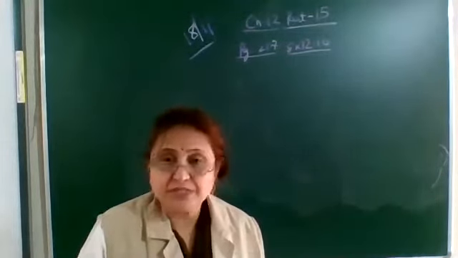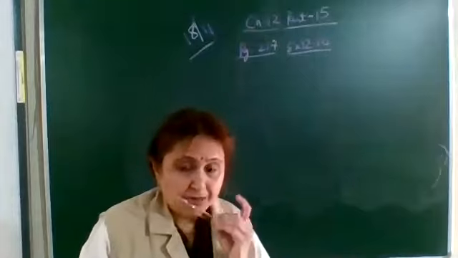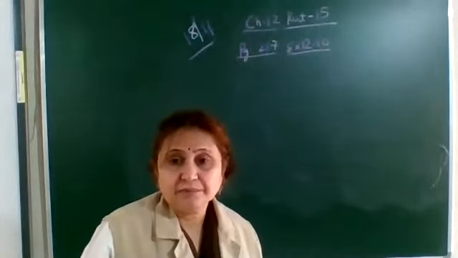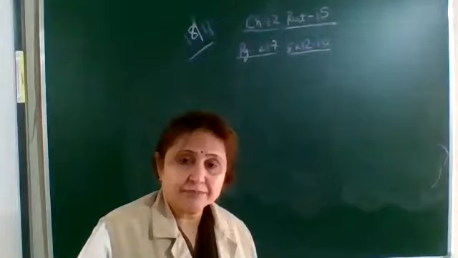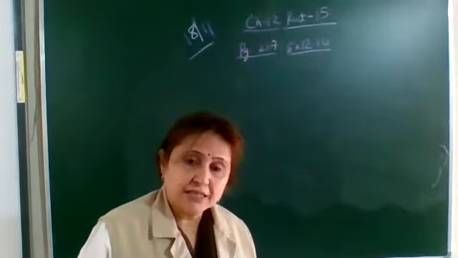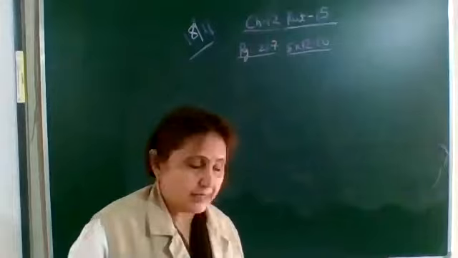Before discussing that, electric power. As we know, mechanical power is mechanical work done per unit time. The same way, electric power is the electrical work done per unit time.